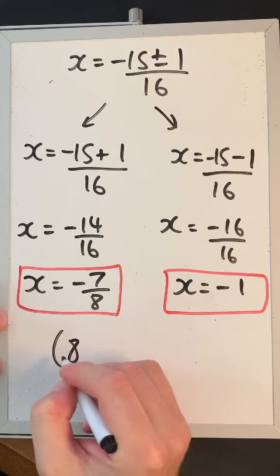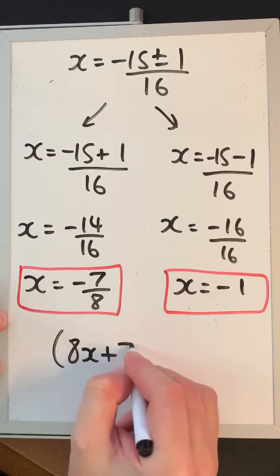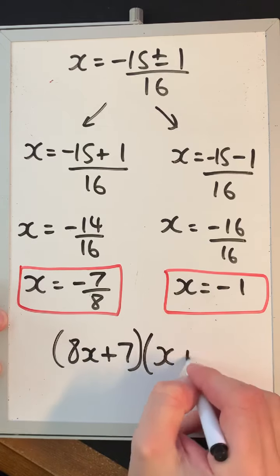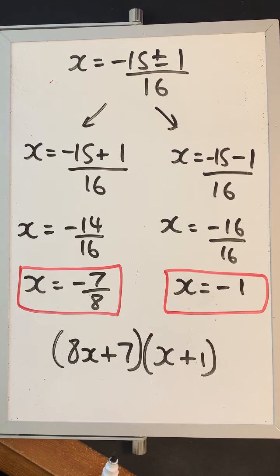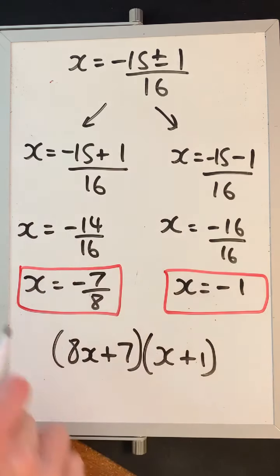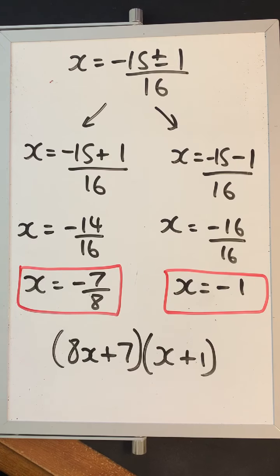So the factorized version of this would be this. But you've got to weigh up, as I said earlier, whether it would take you longer to do some trial and error to try and factorize this, or just stick it in the formula and get the answers. Once you get used to doing this quadratic formula, you can get through it quite quickly.